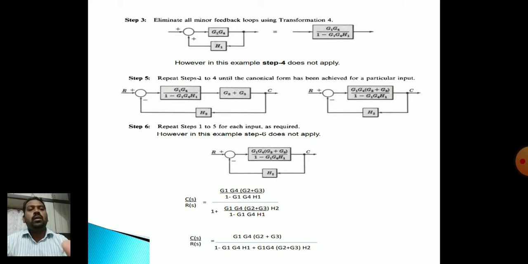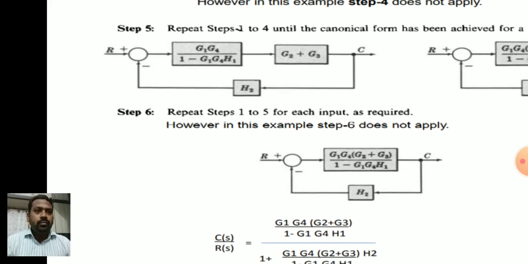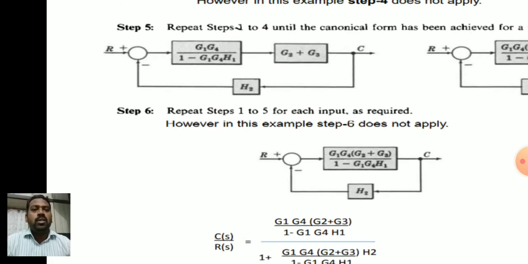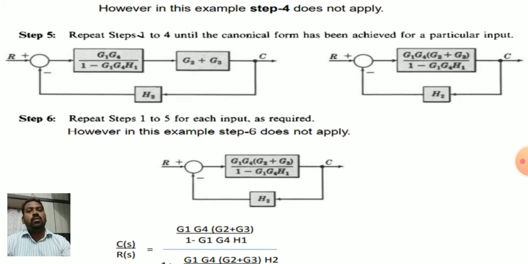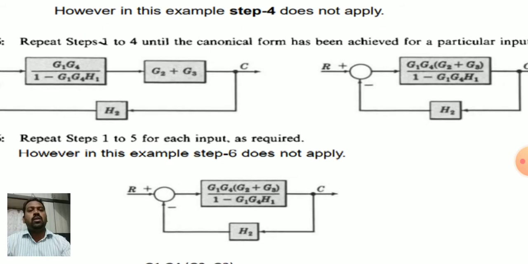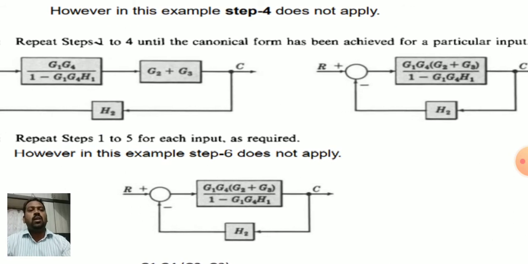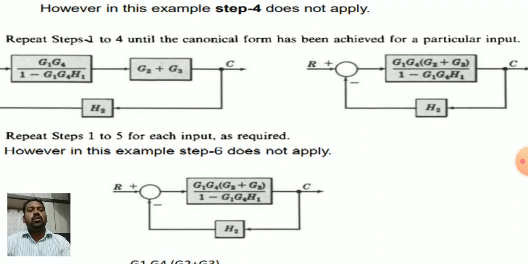After removing that, combining the blocks, G2 plus G3 comes in series or cascading with the transfer function G1 G4 divided by 1 minus G1 G4 into H1, so that you can convert into this: combining the blocks G1 G4 into G2 plus G3 whole divided by 1 minus G1 G4 into H1.